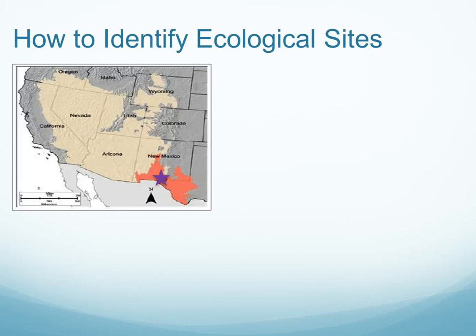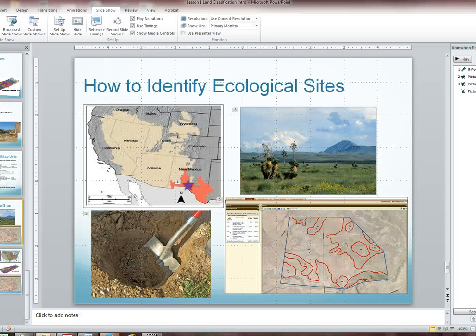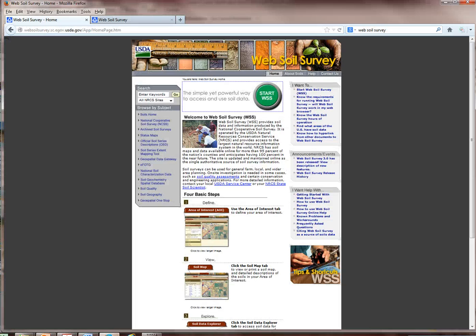This is located in Major Land Resource Area 42. In order to do this, we're going to go to the web, and so I'm going to break away from the presentation here and bring up the Web Soil Survey.